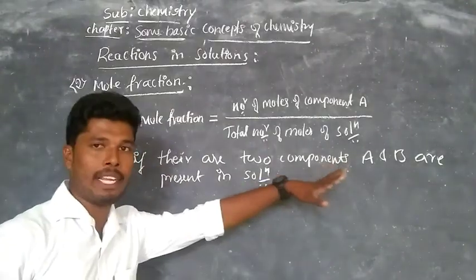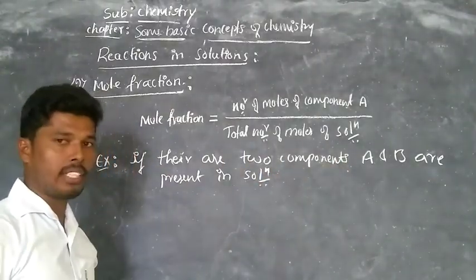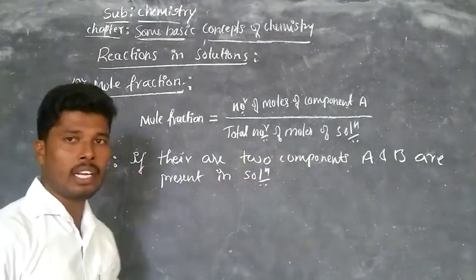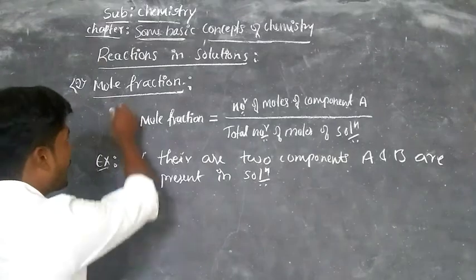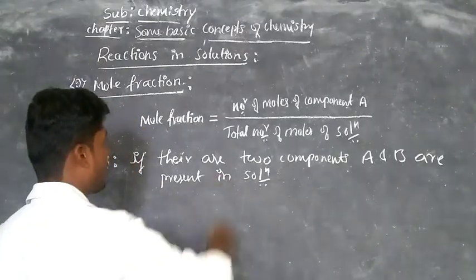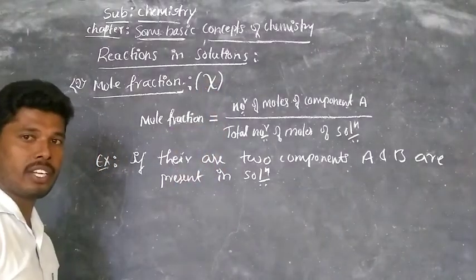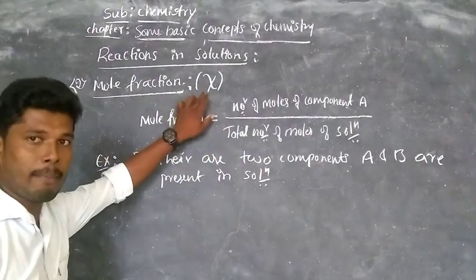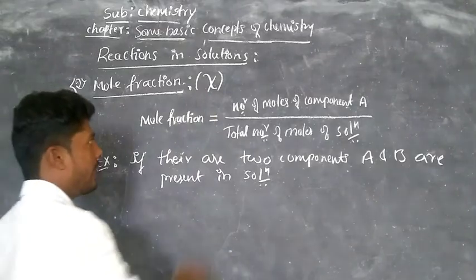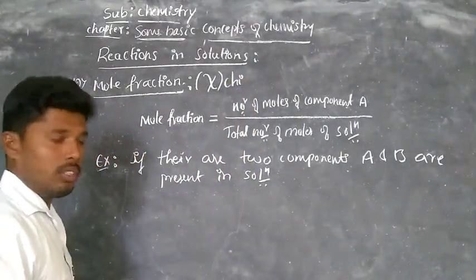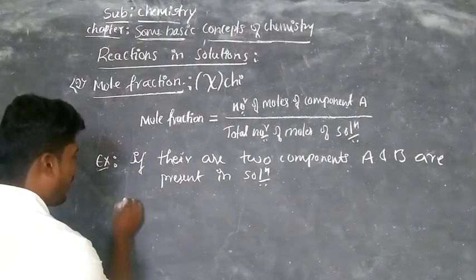Now how do we calculate the mole fraction of component A and component B? The symbol used to indicate mole fraction is chi. To indicate mole fraction, we use the symbol called chi.